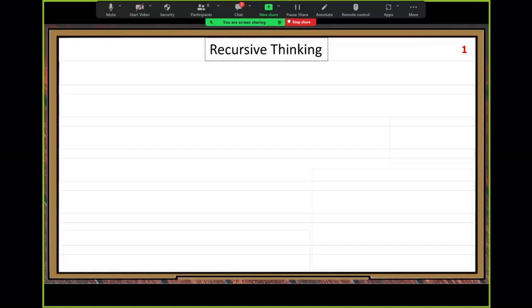You need some training, because people usually like straightforward thinking. Recursive thinking is kind of indirect thinking, not direct thinking. People are used to direct thinking.